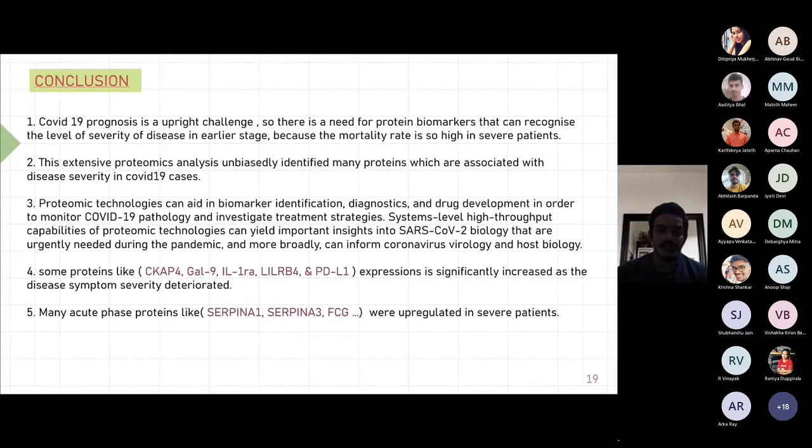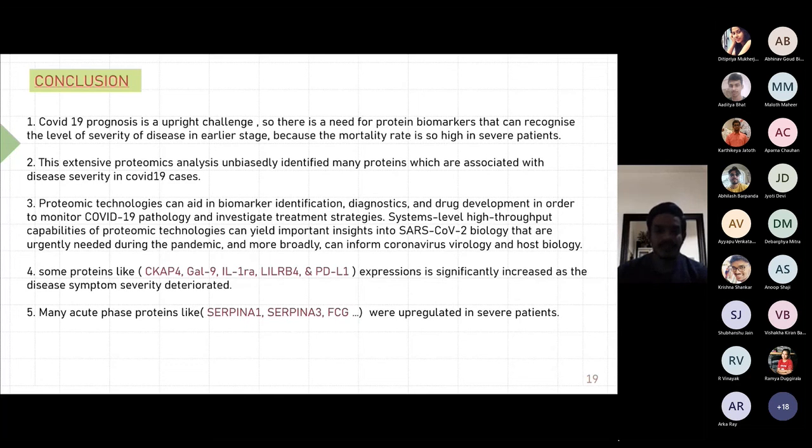Proteomic technologies can aid in biomarker identification, diagnostics, and drug development in order to monitor COVID-19 pathology and investigate treatment strategies. Systems level high throughput capabilities of proteomic technologies can yield important insights into SARS-CoV-2 biology that are urgently needed during the pandemic, and more broadly can inform coronavirus virology and host biology.